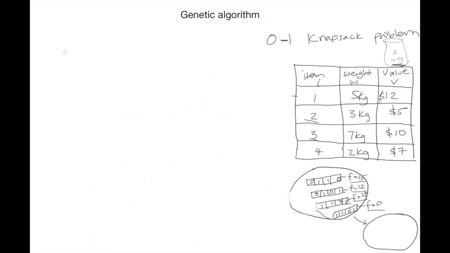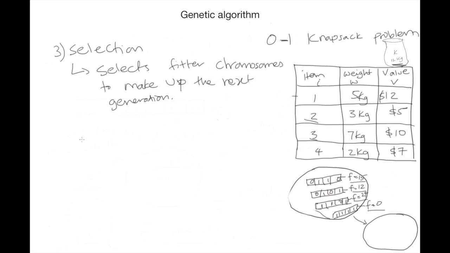Now that we have determined the individual fitnesses of the chromosomes, we shall use this information to select the fitter individuals to make up the next generation of chromosomes. This process is called selection within GA. There are a few techniques of selecting individuals to make up the next population.